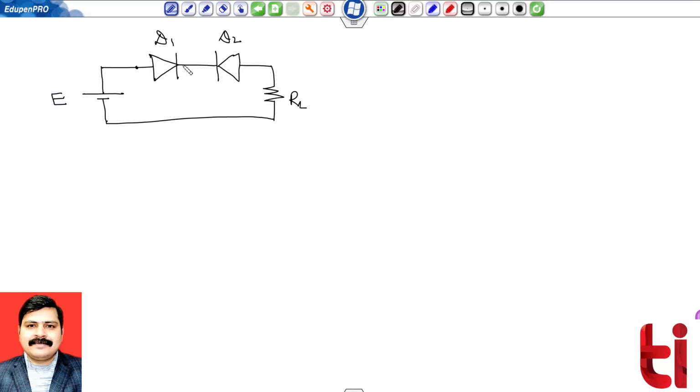So the equivalent circuit of this will be an open circuit, and let me draw the case. I am considering that both diodes are ideal, so D1 will be replaced by a short circuit, and the second diode will be an open circuit.